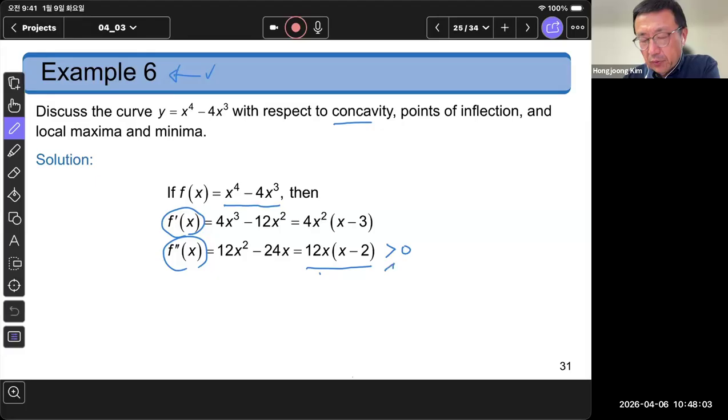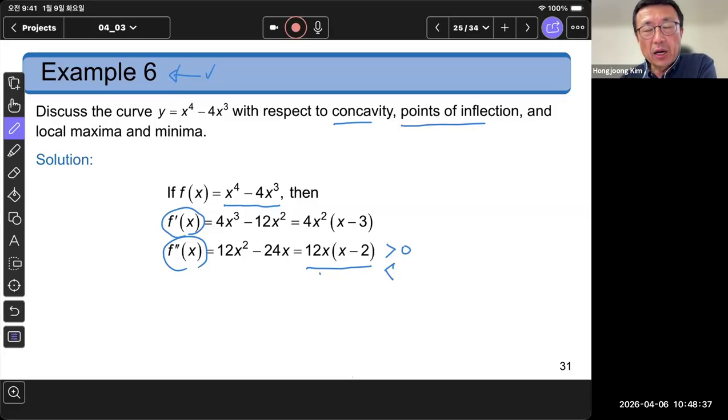If I find the intervals where f double prime is negative, then your function will be concave downward. If I want to find points of inflection, I want to find the points where f double prime changes sign. So to answer the second part, the points of inflection, I need to identify the concavity of this function on the intervals.